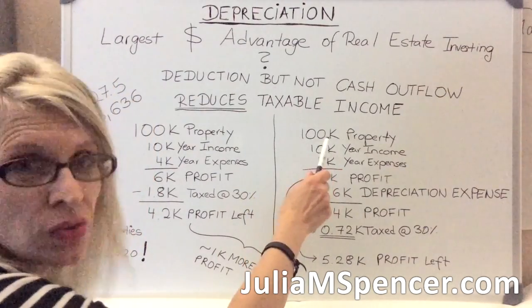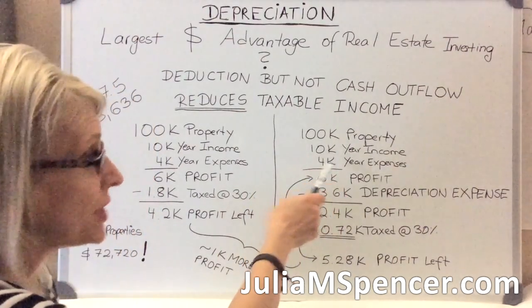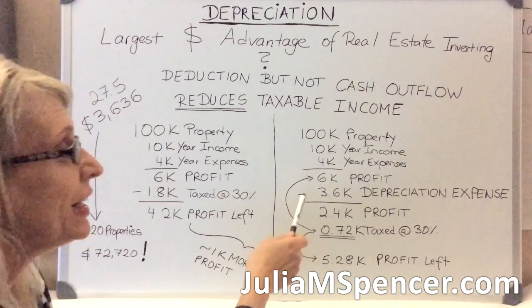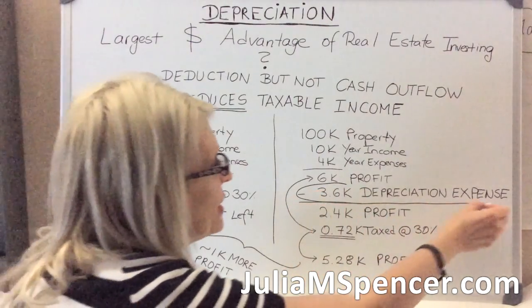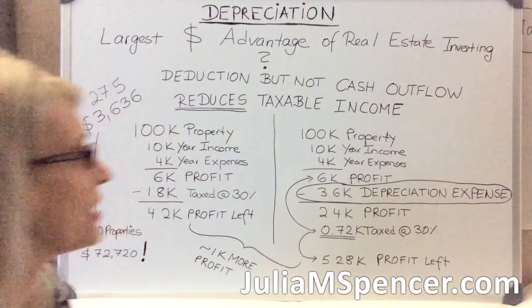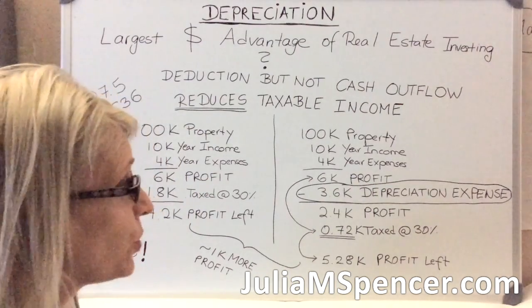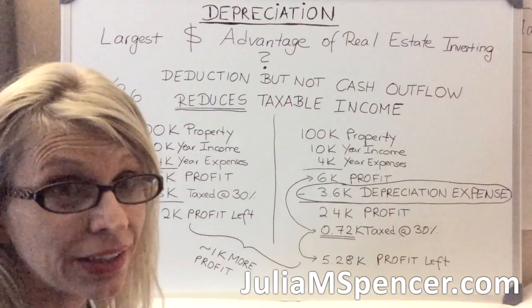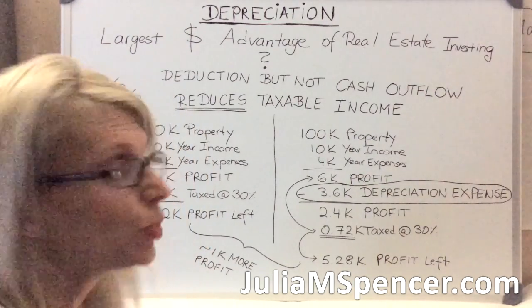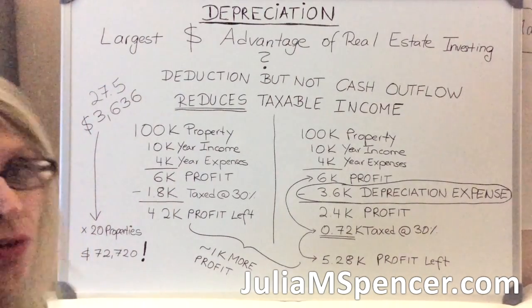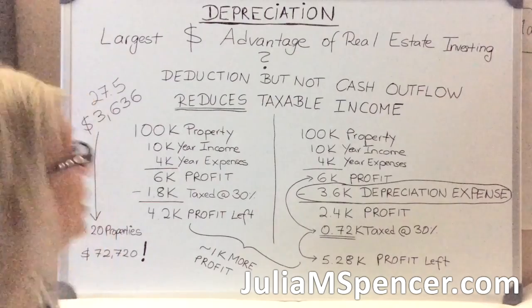Same property, $100,000, same income, same expenses, same profit. Now we have this depreciation expense right here: $3,600 in depreciation. Let me tell you a little bit how I calculate that. In the United States IRS code, real estate property is depreciated over 27 and a half years.